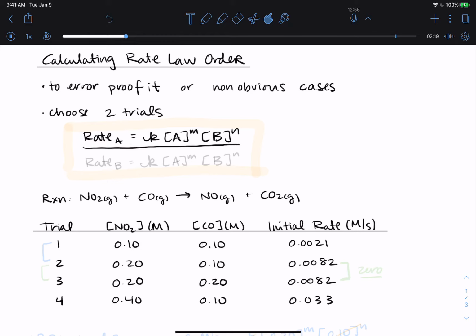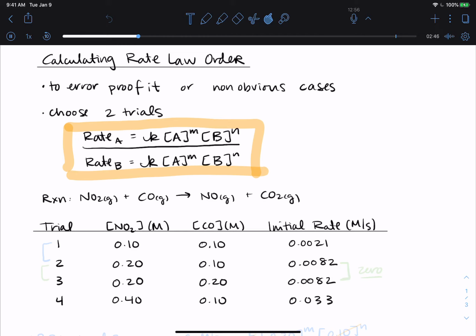And then divide by the rate law for the second trial, so we'll call it trial B, which is equal to the rate constant times the concentration of A to the M power times the concentration of B to the N power. All right, so let's put a little highlight box around it. This is what our strategy looks like.